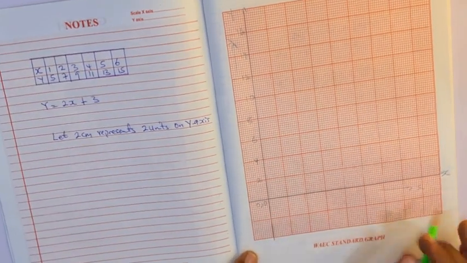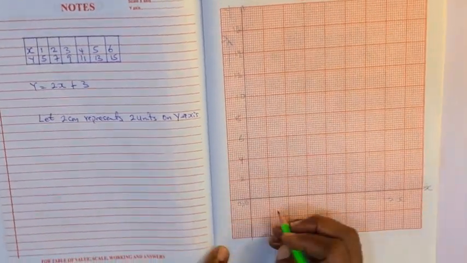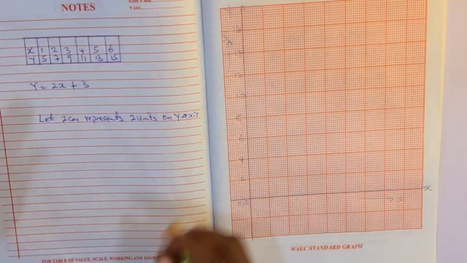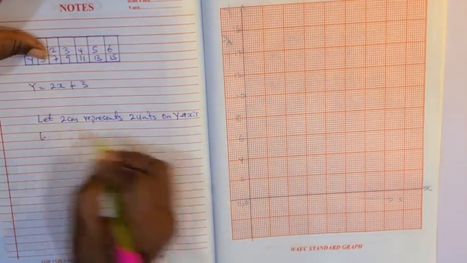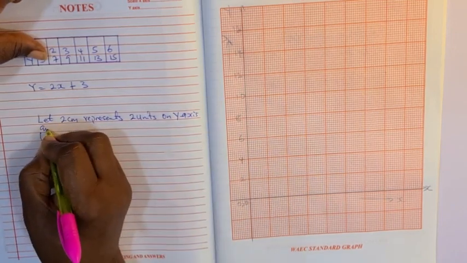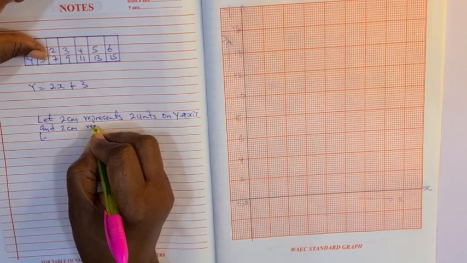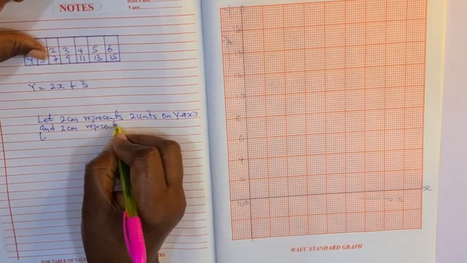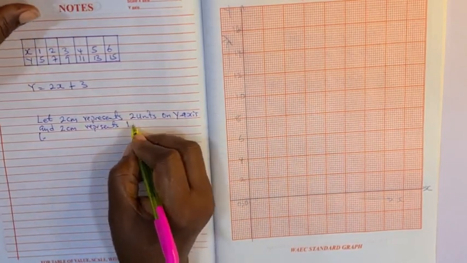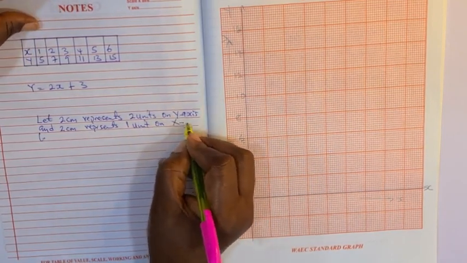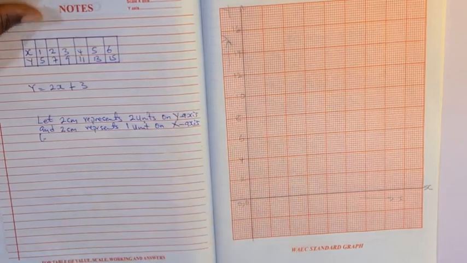Then on the x-axis, we have 1, 2, 3, 4, 5, 6. So we can say let 2 cm represent 1 unit on the x-axis.